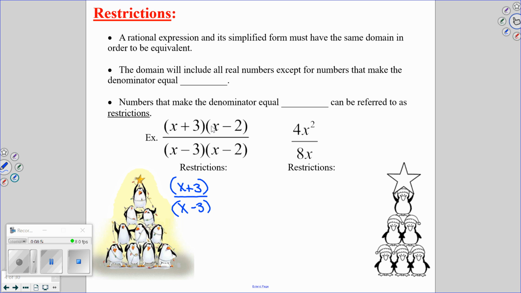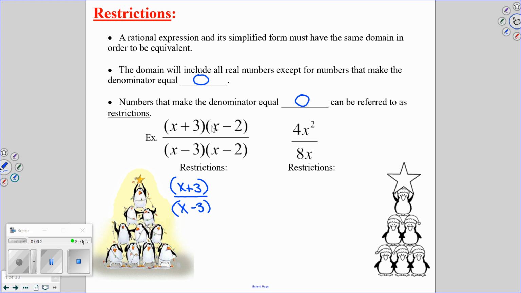It's just simplified, right? So the domain will include all real numbers except for numbers that make the denominator equal what? 0. You cannot divide by 0. If your denominator of a fraction is 0, you can't do that. So numbers that make the denominator equal 0 are referred to as your restrictions.